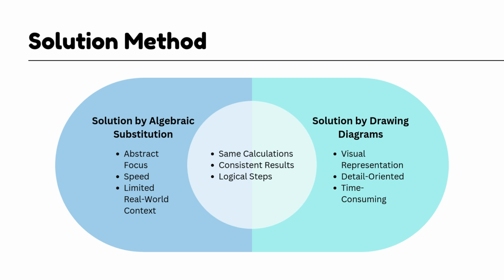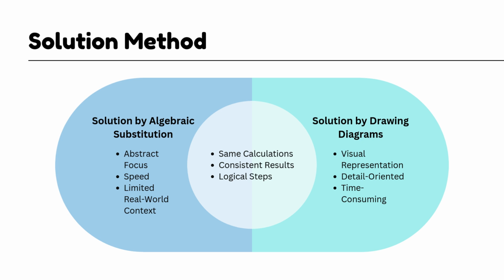Now, we have gone through all the solutions and how to solve it. We understand that both solutions are different. At the same time, they are similar. I will briefly discuss the similarities and differences between using algebraic substitution and diagrams for solving our community park problem.